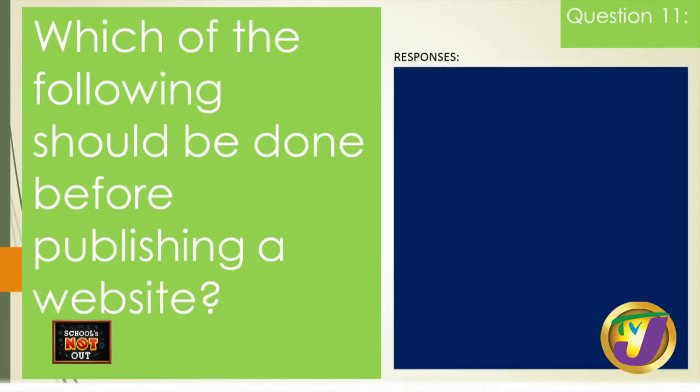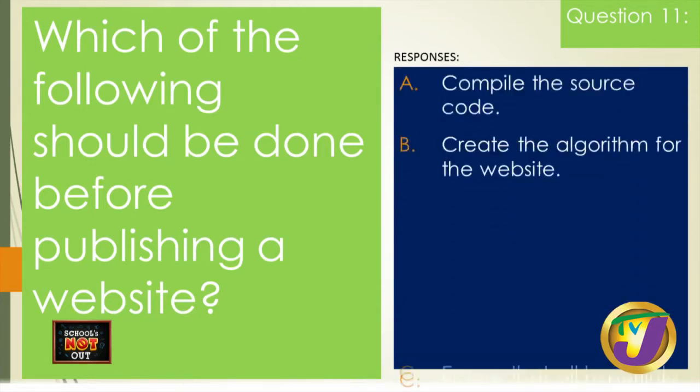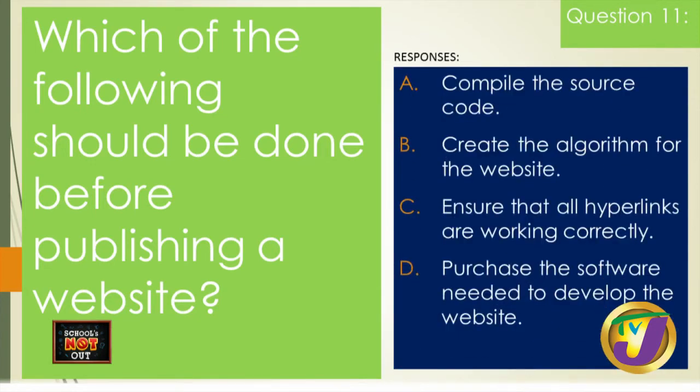Question 11. Which of the following should be done before publishing a website? A. Compile the source code. B. Create the algorithm for the website. C. Ensure that all hyperlinks are working correctly.